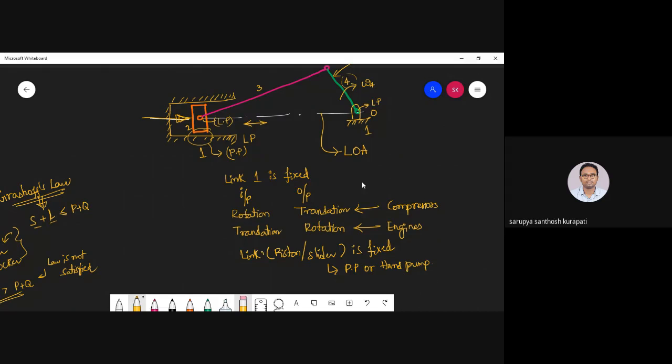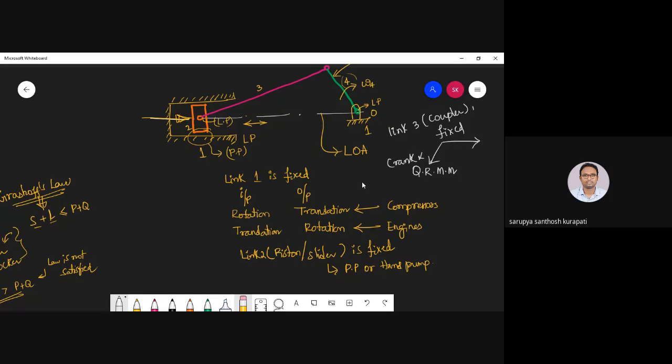These are the things we are going to get. And when link 3 is fixed, that is the coupler, you're going to get two mechanisms. What are those mechanisms? Quick return motion mechanism, that is crank and slotted lever.